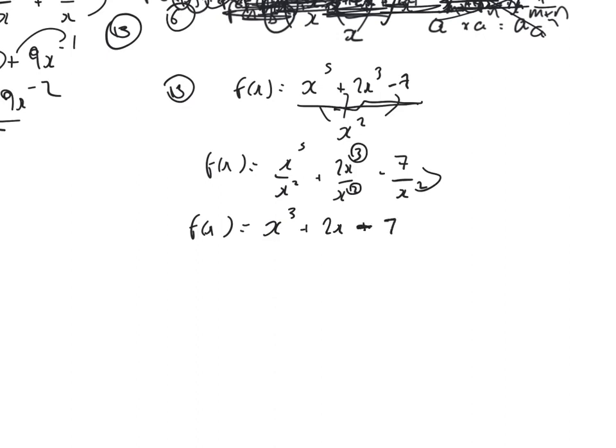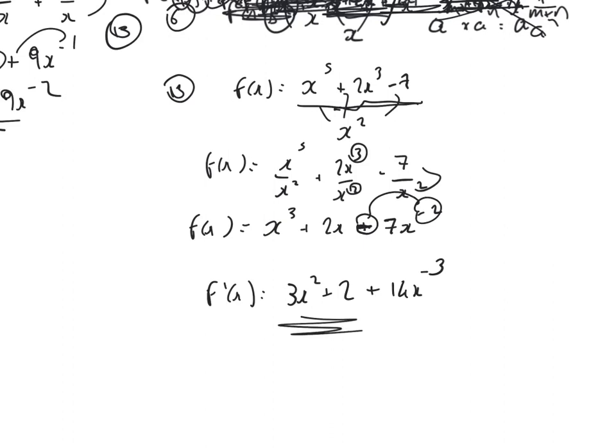That's going to be minus 7x to the minus 2. Now I can differentiate, so it's going to be 3x squared plus 2 plus 14x to the minus 3.